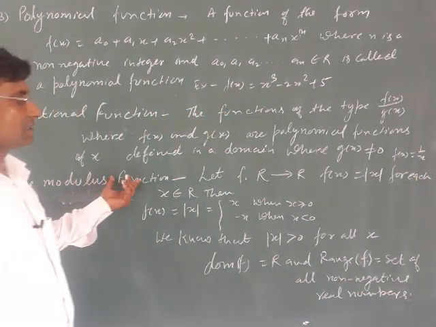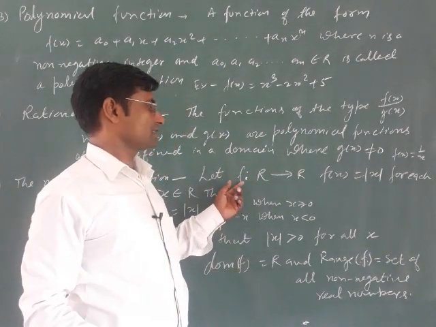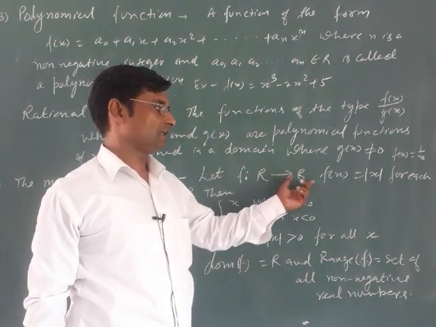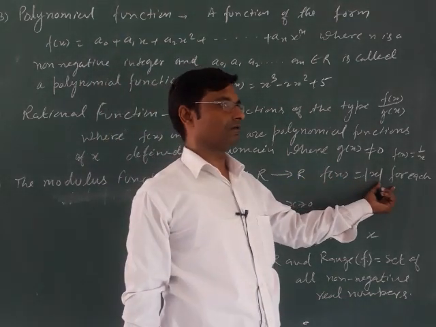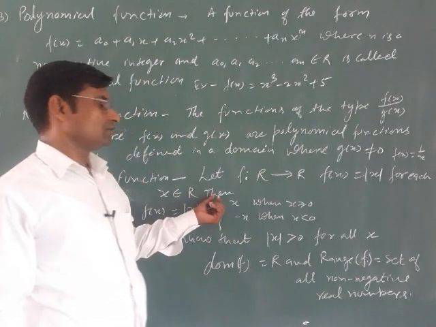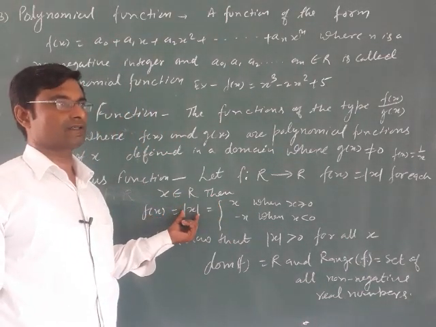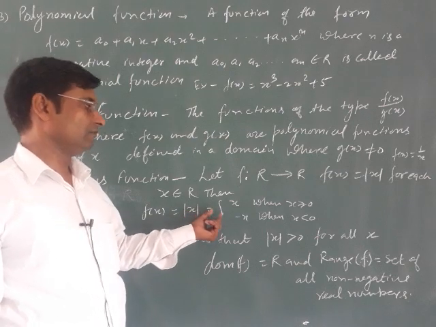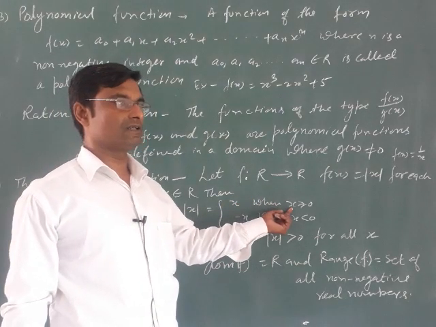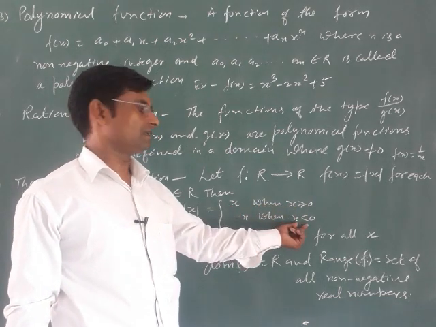And modulus function. Let f be a function from R to R, real to real, f(x) = |x|, for which x belongs to R. f(x) = |x|. Also we can write it as x when x is greater than or equal to 0, and -x when x is less than 0.